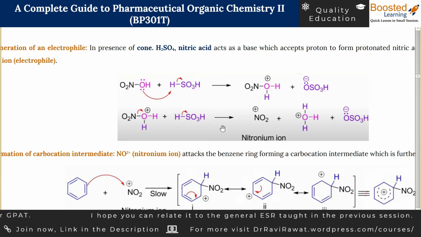Now in the next step you can display the whole second step, the second line. Otherwise you can simply omit this and do not write this as well. So do not write this part and do not write this part.